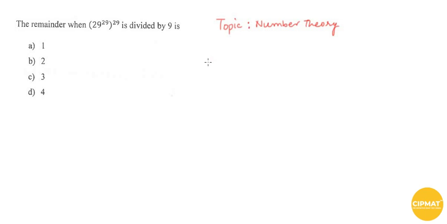Now, to understand what modular arithmetic is, I would suggest you go through the videos on this topic where I've explained what modular arithmetic is and what the properties are.